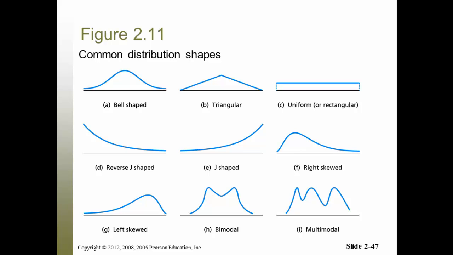Another distribution that I have referred to in class is this bimodal. Mode is the number that occurs most often. In this case, we have apparently two numbers that occur most often, two observations.